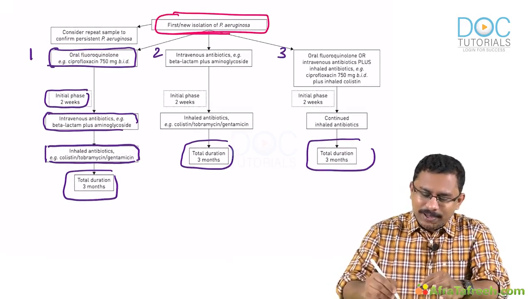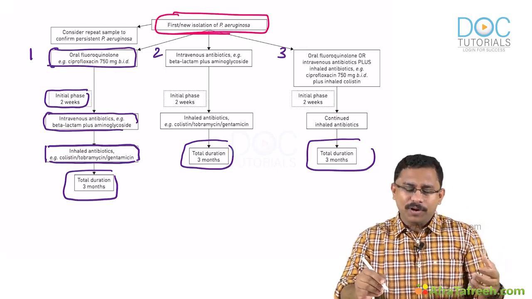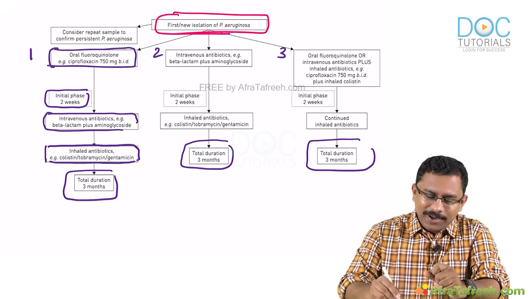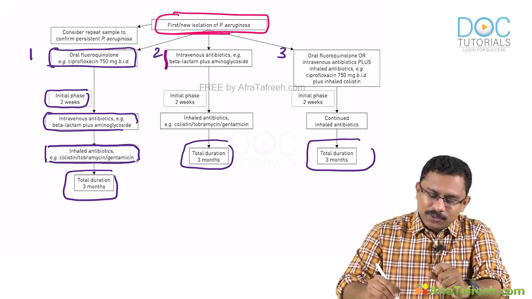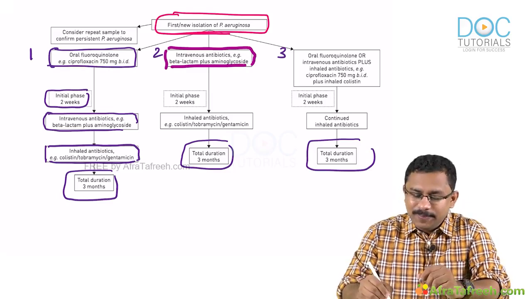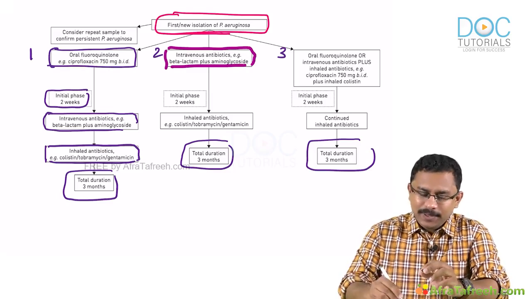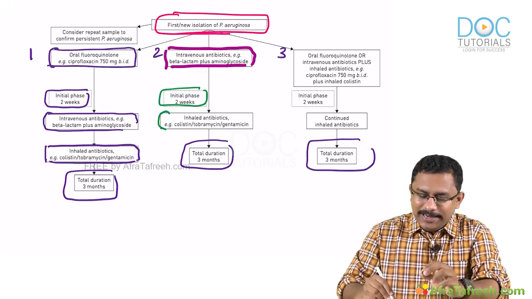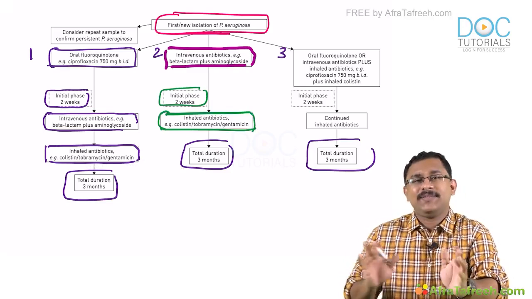And sometimes, rather than going for oral fluoroquinolone, suppose you have got a severe exacerbation, so you might require a parenteral therapy. So in that case, you go for an IV antibiotic straight away, that is a beta-lactam plus aminoglycoside. So you give it for the initial phase of 2 weeks, and then you can add inhaled antibiotics, the same ones that we have discussed.